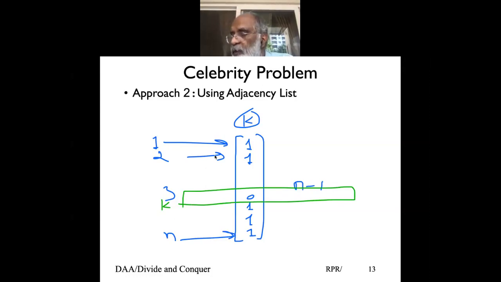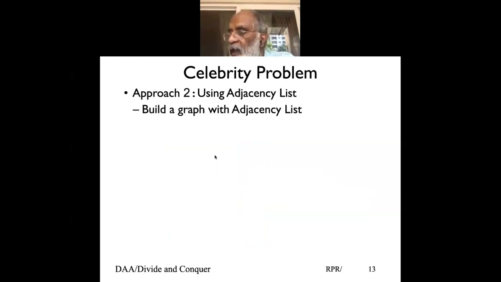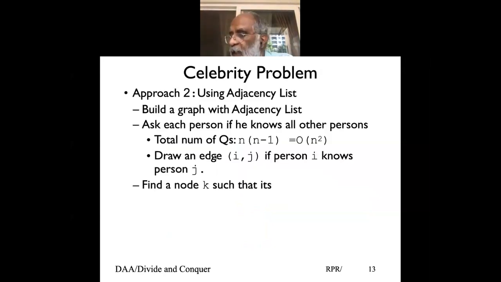So if the sum of the column is equal to n minus 1 and the sum of the row for the kth element is 0, we know K is the celebrity, because K does not know anybody, but everybody knows K. In this, we have asked n squared questions and we could find the celebrity. But this takes n squared questions, which is highly inefficient. Let's look at whether we can do better than this.